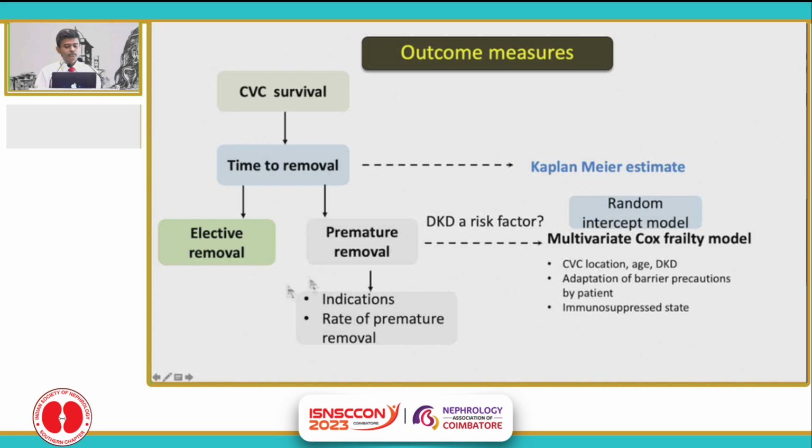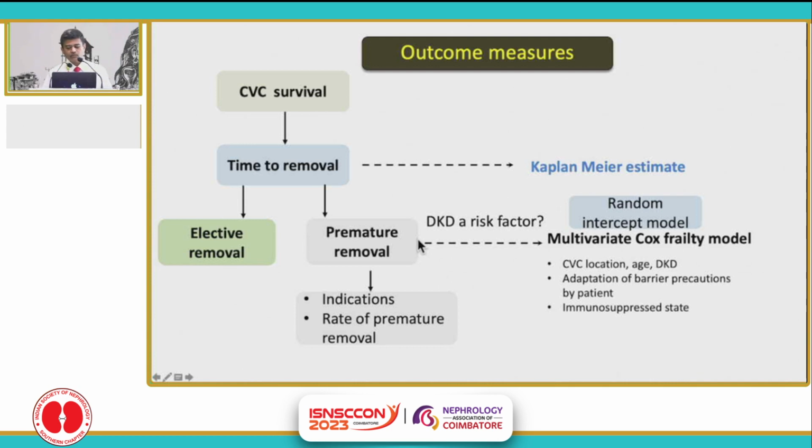Whereas premature removal means the CVC is removed even though it is still required to sustain dialysis, because there is some complication like infection or mechanical complication. So elective removal is desired and premature removal is undesirable. Within any center, the rate of premature removal should be negligible. So we wanted to assess the risk factors for premature removal.